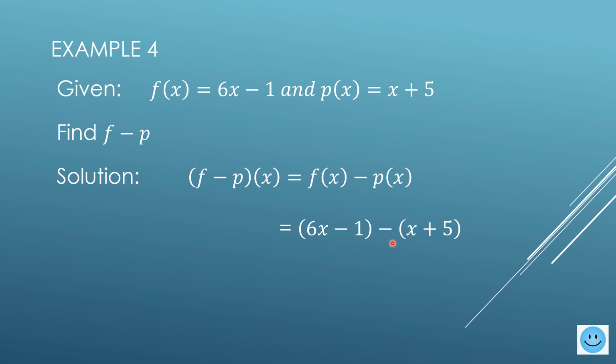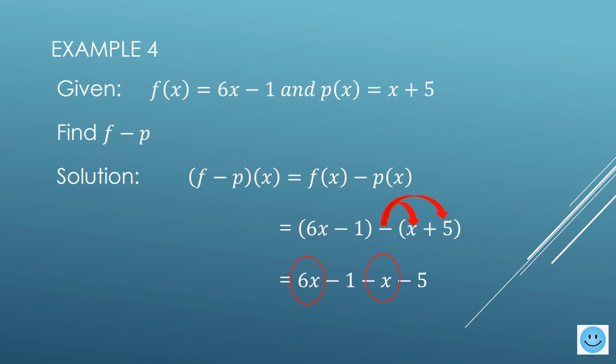Next, let's distribute the minus sign to x and 5. Okay, so copy 6x minus 1, and then negative times x is negative x, negative times positive 5 is negative 5. Combining like terms, we have 6x and negative x.